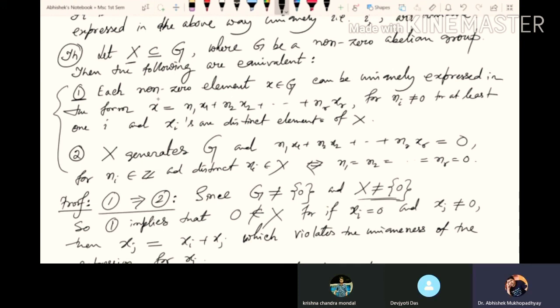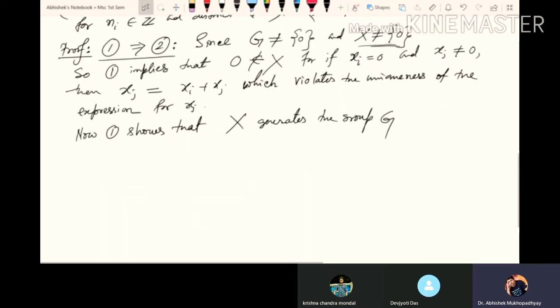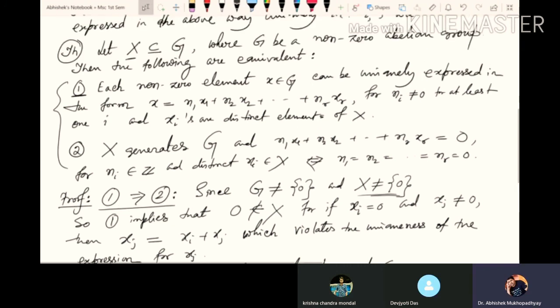So the first one is every non-zero element x can be expressed in terms of xi's, where xi's are distinct elements from the set X, capital X. So therefore, capital X generates the group G. So this one is clear.